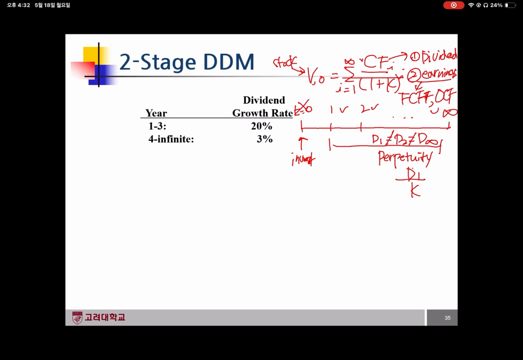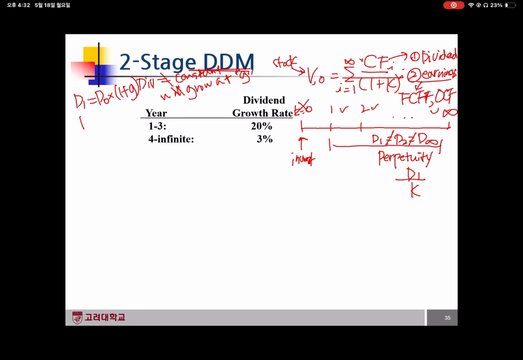Let's assume that the dividend payment will grow at some growth rate G. So the dividend is not constant and will grow at the growth rate G. The dividend at year 1 is equal to the dividend at time 0 times 1 plus the growth rate, right?